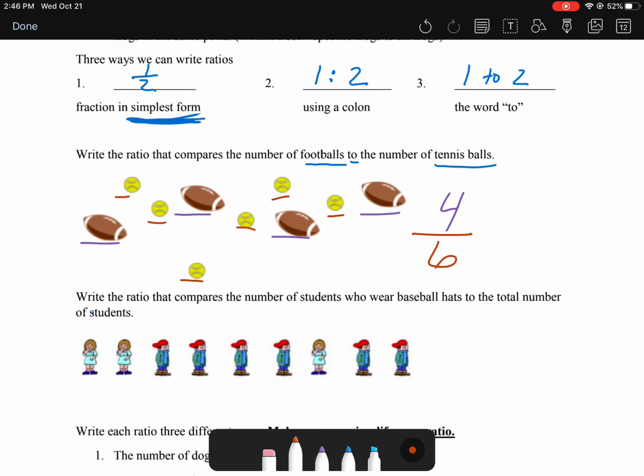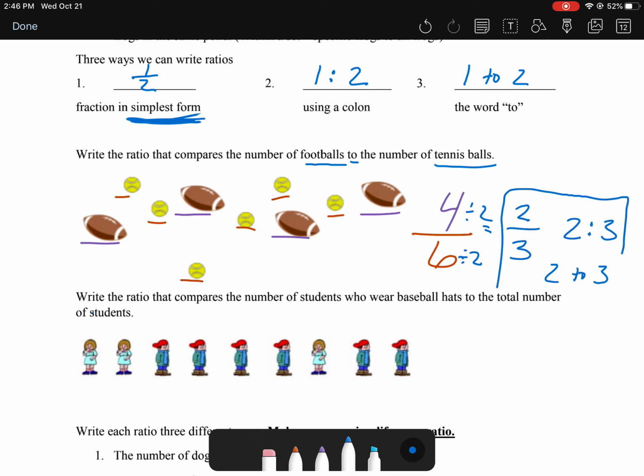So I could write 4 over 6, but that's not in simplest form, so I do need to simplify it. I could take a 2 from the top and the bottom, and I'd have 2 to 3. These are the three different ways you can write it.